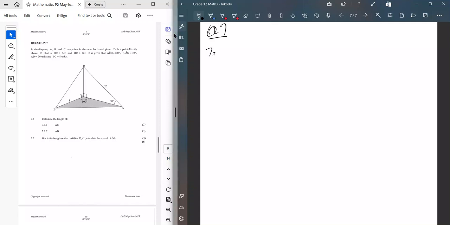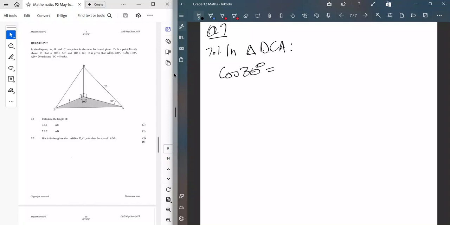7.1, AC. We first ask ourselves, where is AC? Here is AC. And we have this side here, which is the hypotenuse, and this side here, which is adjacent to this angle. So in triangle DCA, we will say cos 30 degrees equals what?